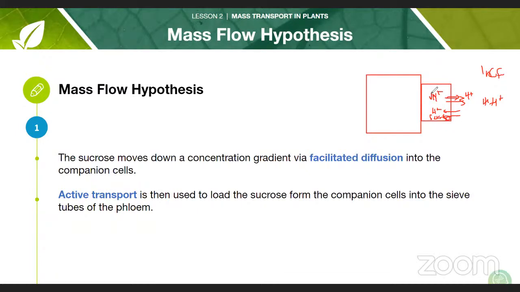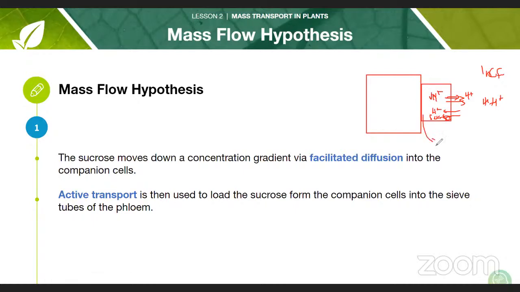So what this active transport of protons out of the companion cell is doing is creating a concentration gradient of the same H+ ions for H+ ions to move back in by facilitated diffusion along with the sucrose molecule.